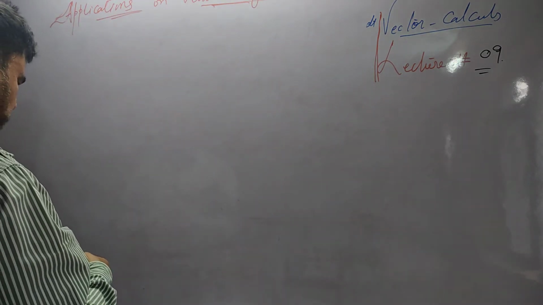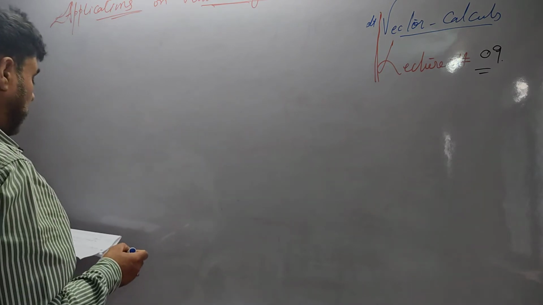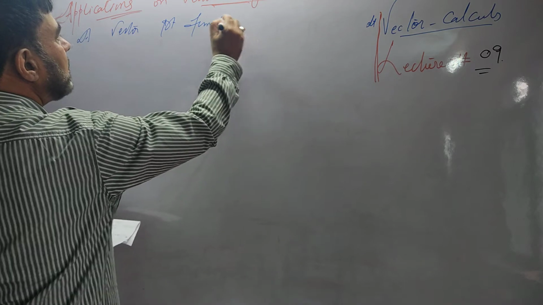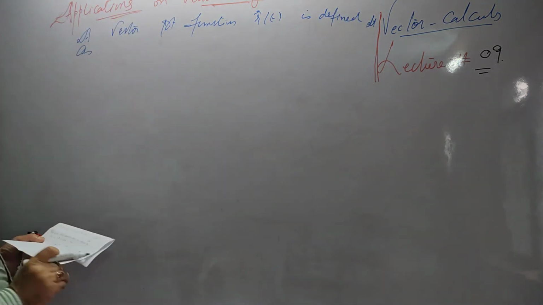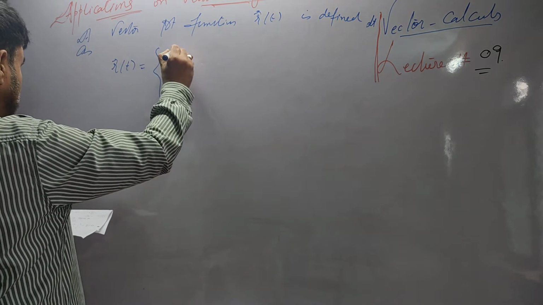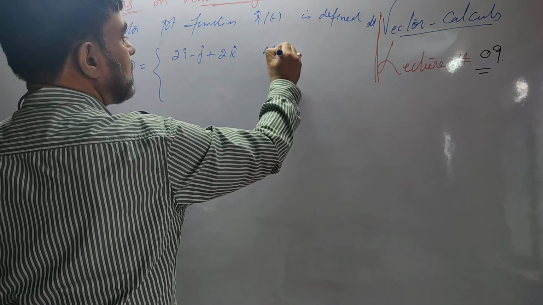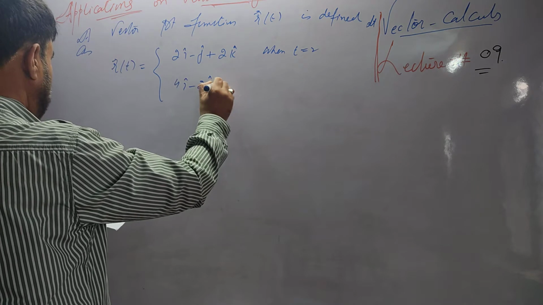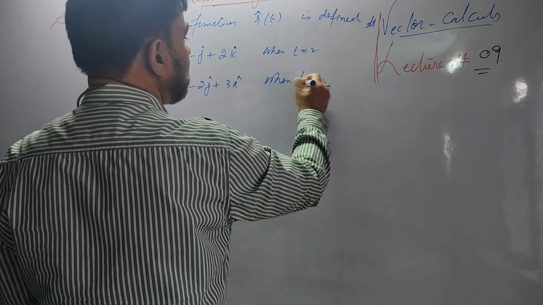I will write one more example, this application. A vector point function r of t is defined, I will define it in breakup form, as: r of t is equal to 2i minus j plus 2k when t is 2, and 4i minus 2j plus 3k when t is 3.